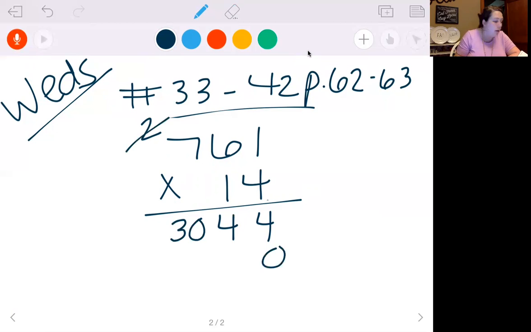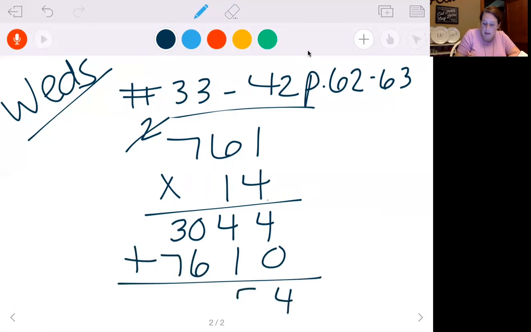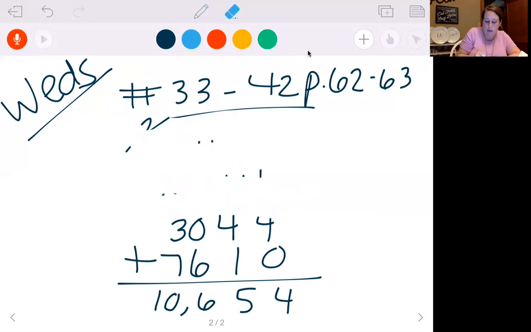Placeholder 0. 1 times 1 is 1. 1 times 6 is 6. 1 times 7 is 7. We get 10,654. So those are the pretty easy ones. Those are the ones we led up with to getting 3-digit by 3-digit. So now let's do some of those.